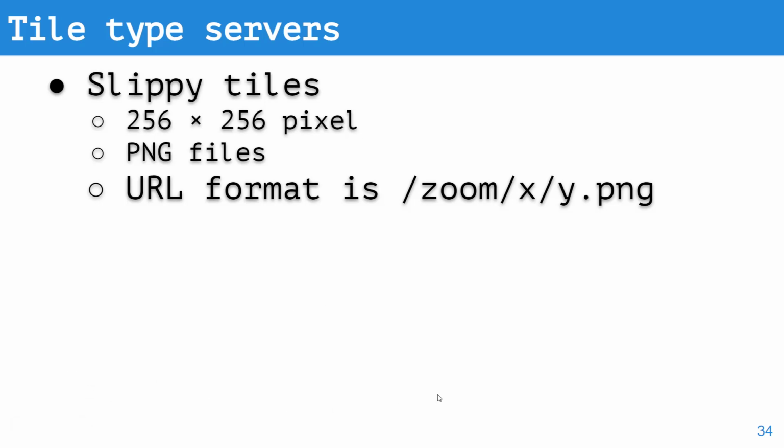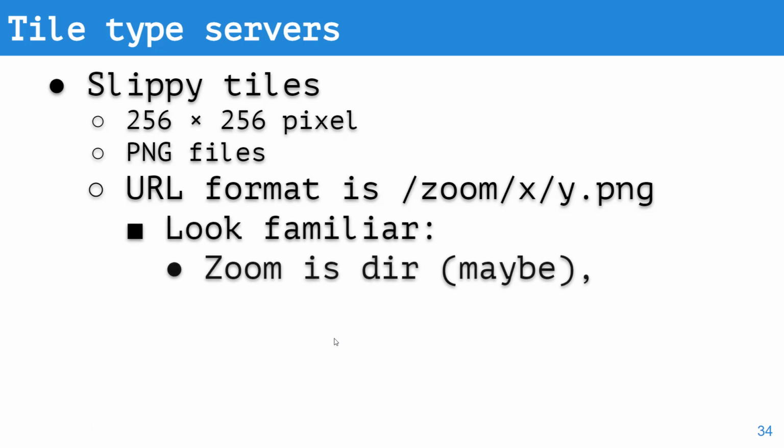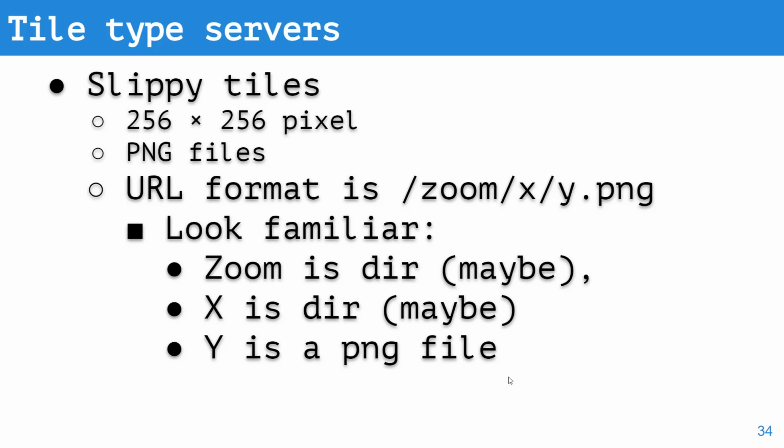So this thing of zoom, X, Y and then a 256 by 256 tile, either in PNG, JPEG, or maybe Mapbox vector tile format, is pretty common. It should look familiar to us: zoom is a directory, X is a directory, Y is a PNG file, and X is a subdirectory of the zoom level.